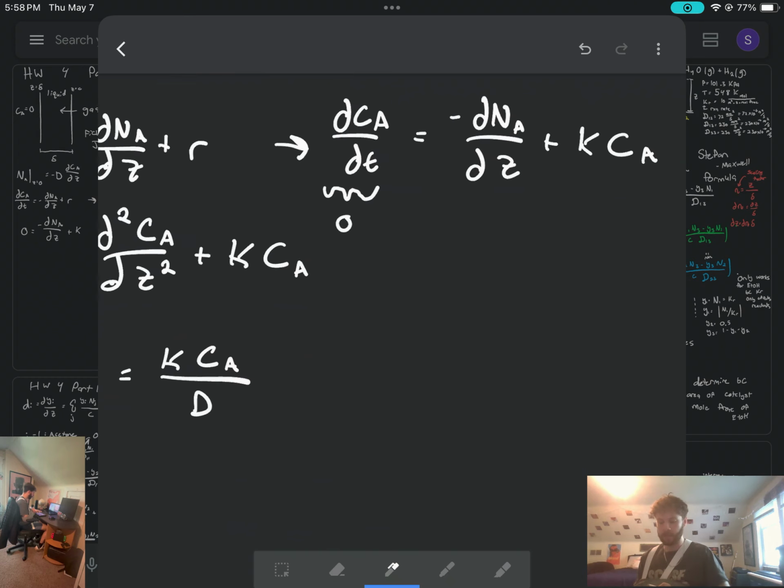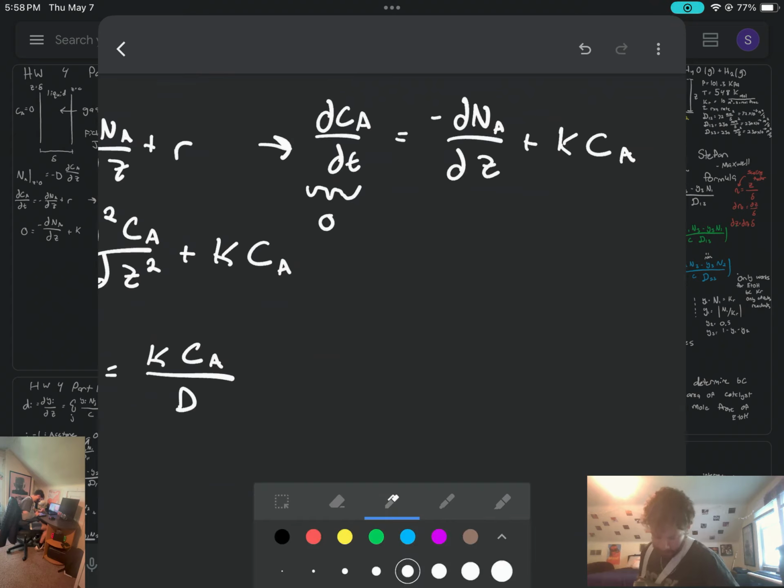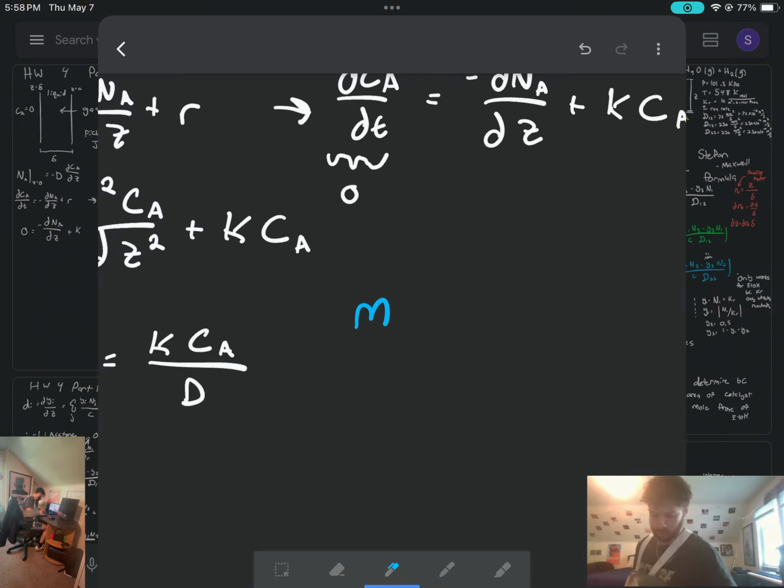We can also simplify this further by creating this constant m. We'll say that m is equal to the square root of our constant K over our diffusion coefficient.